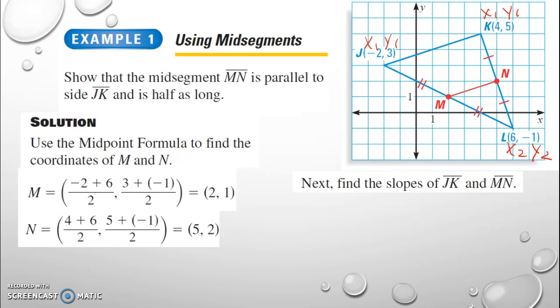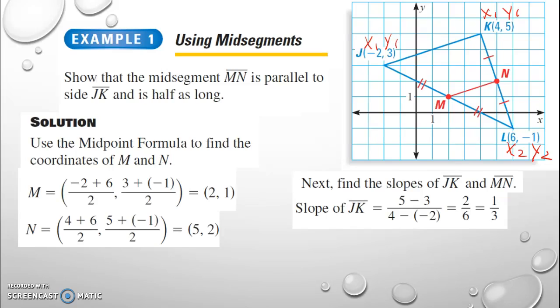Once we do that, in order to determine if they're parallel, we need to find out what their slopes are. We know that two segments that have the same slope are parallel. So using the points that we have for M and N, we can call one of these x1, y1, and x2, y2. And remember that slope is the change in y over the change in x.